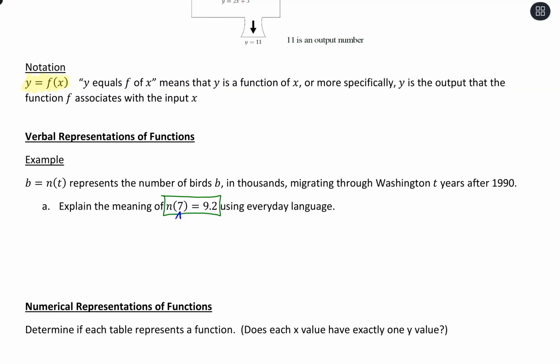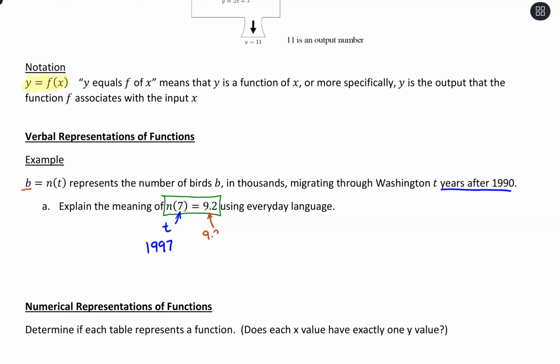So our input of 7 is t, and that's the years after 1990. So what that would tell me is 7 years after 1990, so that would be 1997. And then the 9.2 on the other side of the equation is what we're getting as our output from n of t, which we're saying is b, which is the number of birds in thousands.